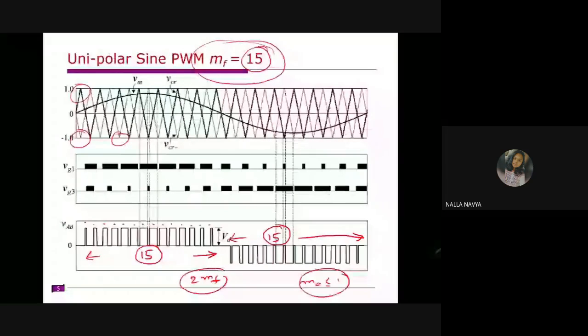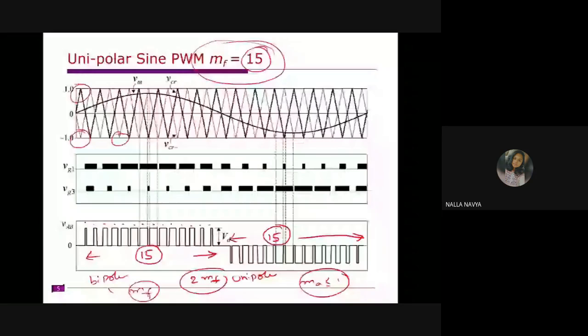We'll discuss this. Okay, you got it? So in case of bipolar the number of pulses is MF, and in case of unipolar it is 2MF.